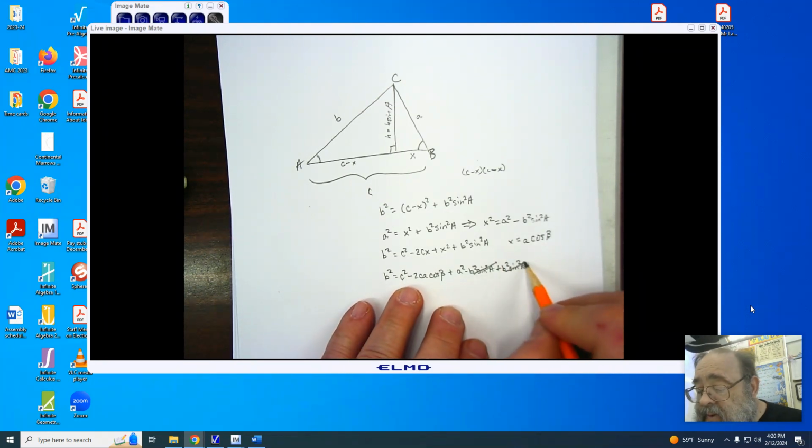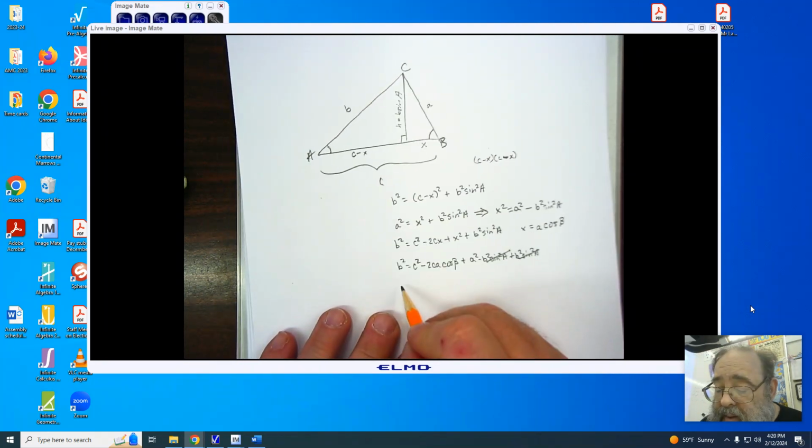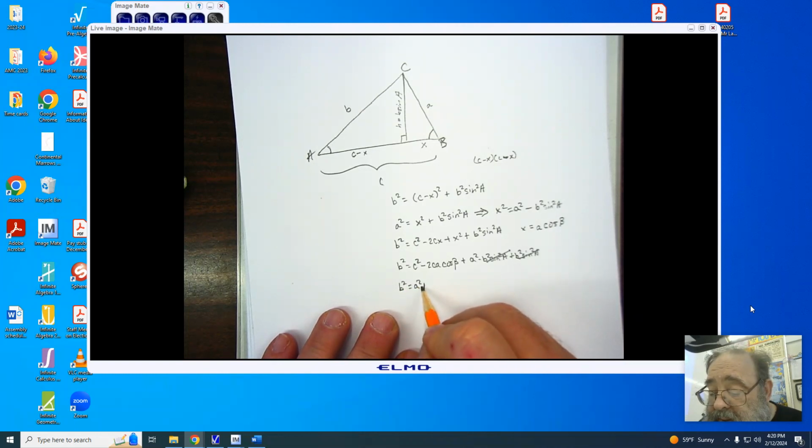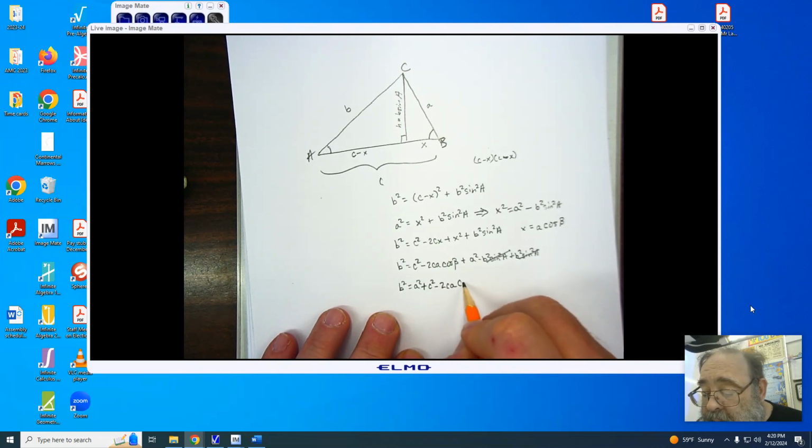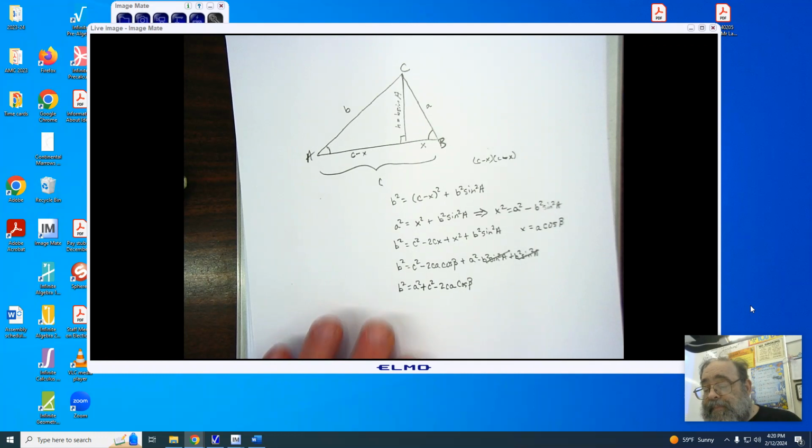Well, those terms are going to cancel. I'm going to rewrite this, so I have b squared equaling a squared plus c squared, they're both positive, minus 2ca cosine of angle B.